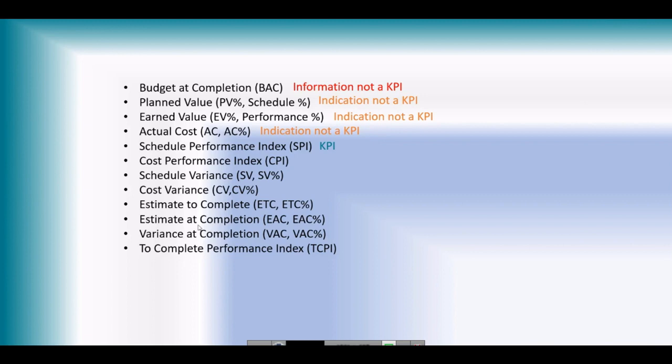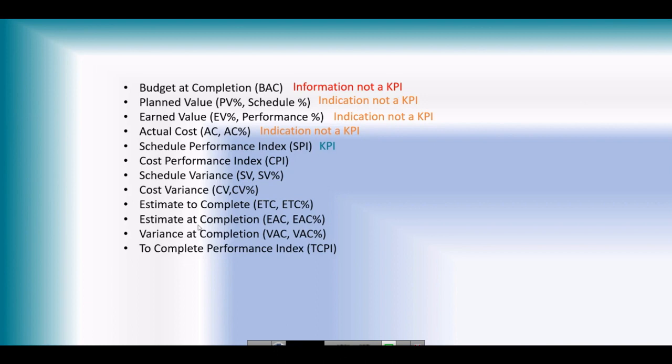Whenever the term performance comes, that means you are comparing one thing with something. So the performance of a student in a class is referred to by a grade: A grade, B grade, C grade. If somebody tells you that the performance of this student is grade A1, that means this student has performed in all the subjects at least at A1.